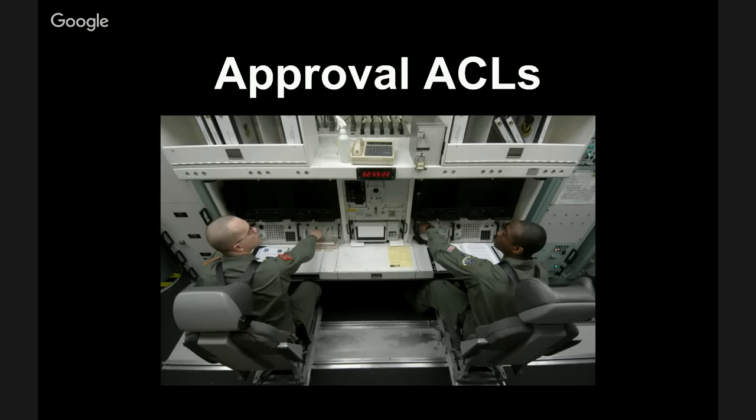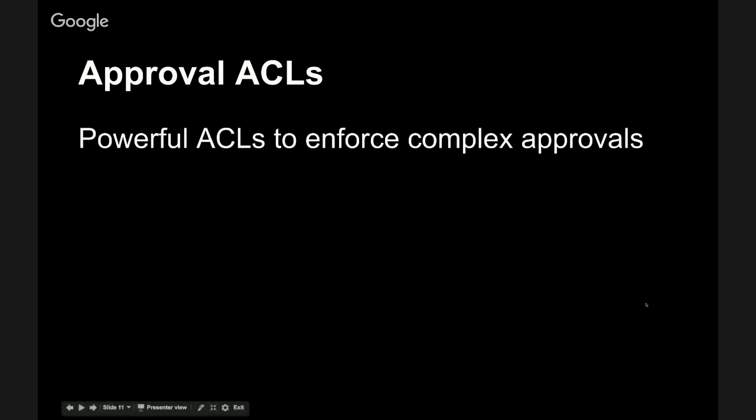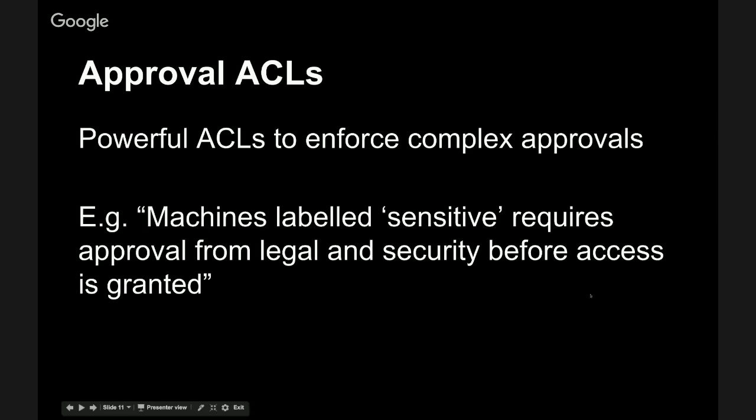That's good, but there were definitely times when we wanted more control over who can approve access to which machines, and to treat machines differently from others. So that's what we've built: an approval ACL system that gives you arbitrarily complex rules about who can approve access to what, and it's based on client labels.